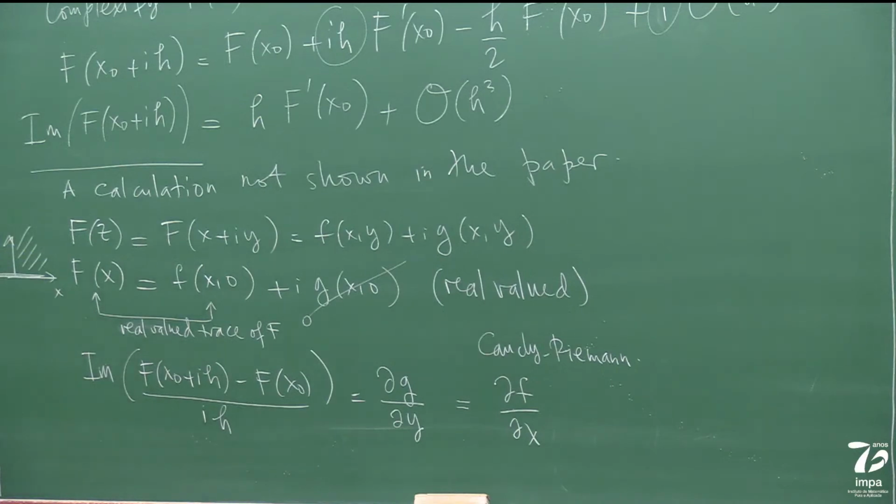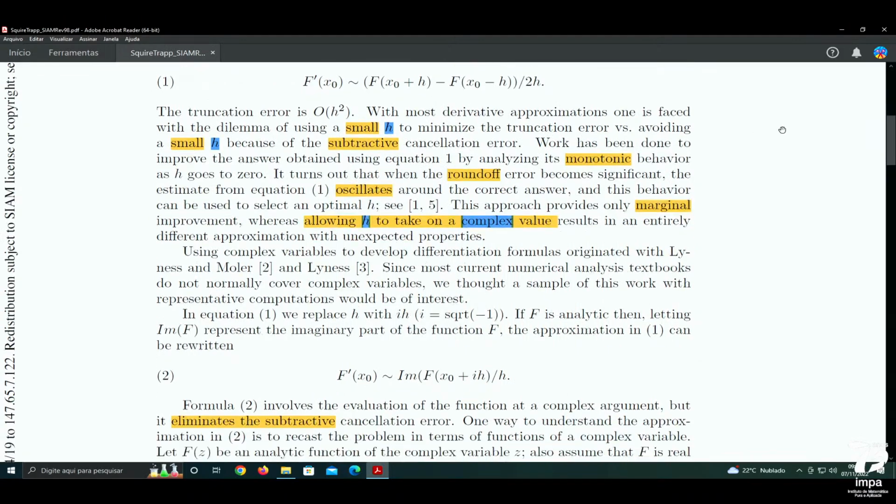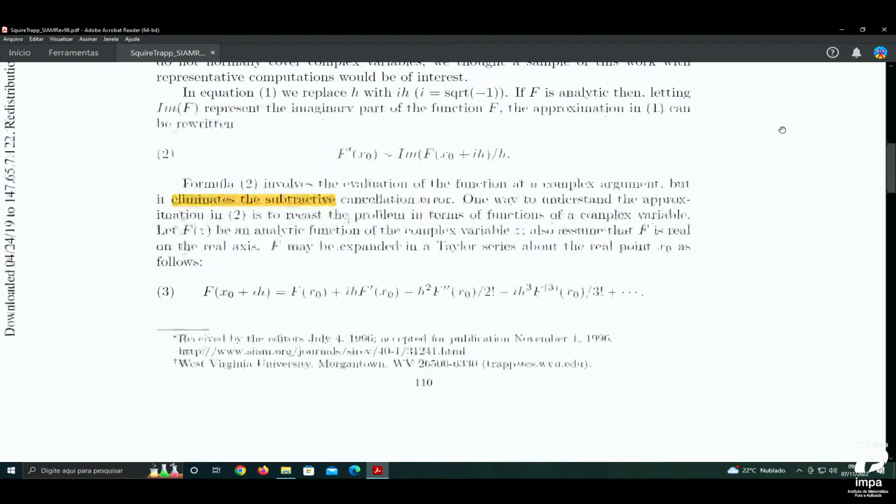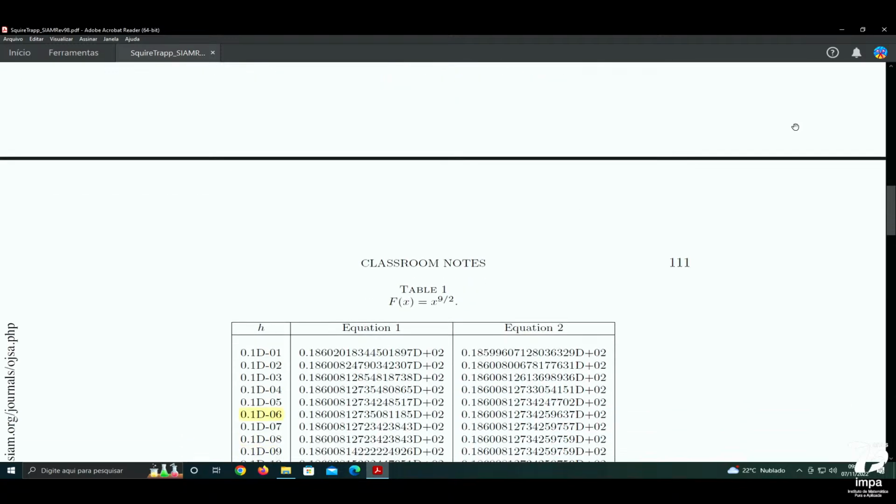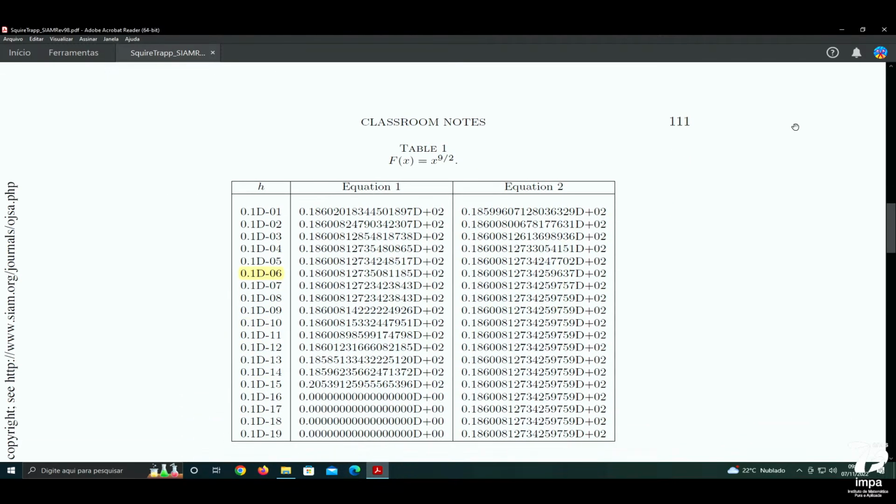So let me go to the computer here and show you the table they show for their computations. This is just the things we did. Here's the table. Let me write the function on the board because the projection we can't see so well.